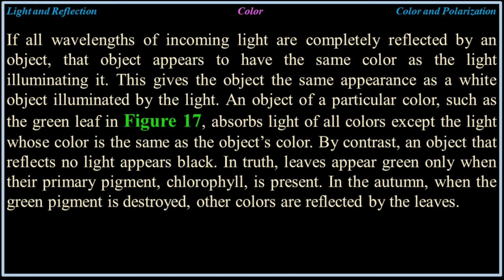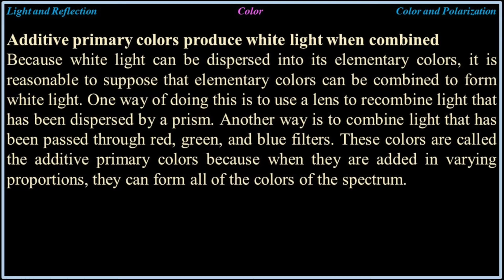By contrast, an object that reflects no light appears black. In truth, leaves appear green only when their primary pigment, chlorophyll, is present. In the autumn, when the green pigment is destroyed, other colors are reflected by the light. At night, what color is reflected?